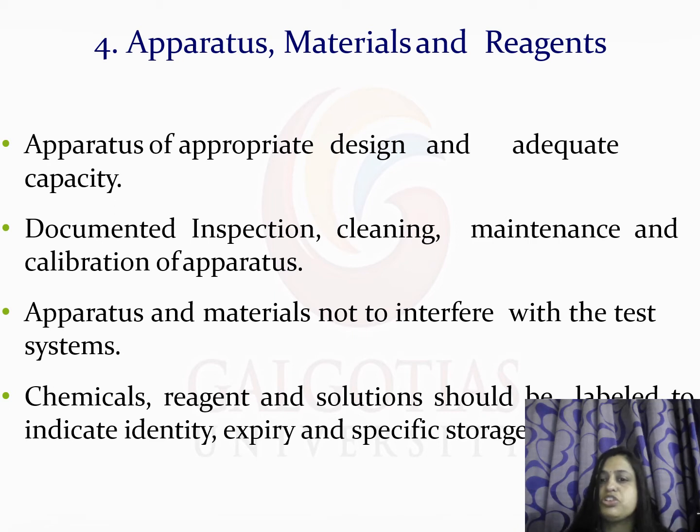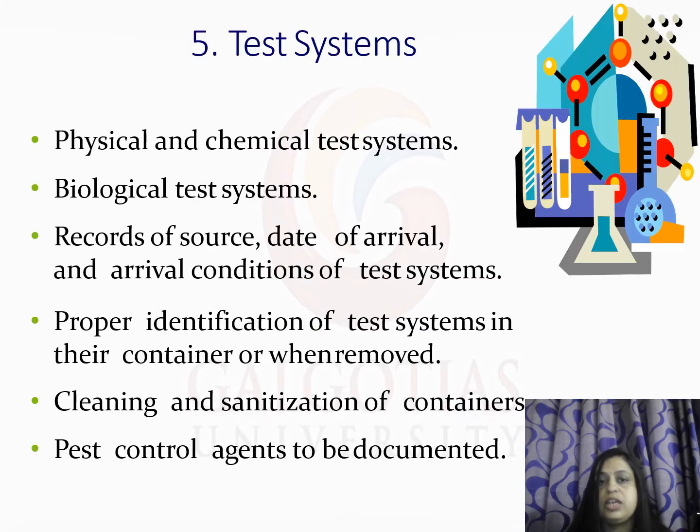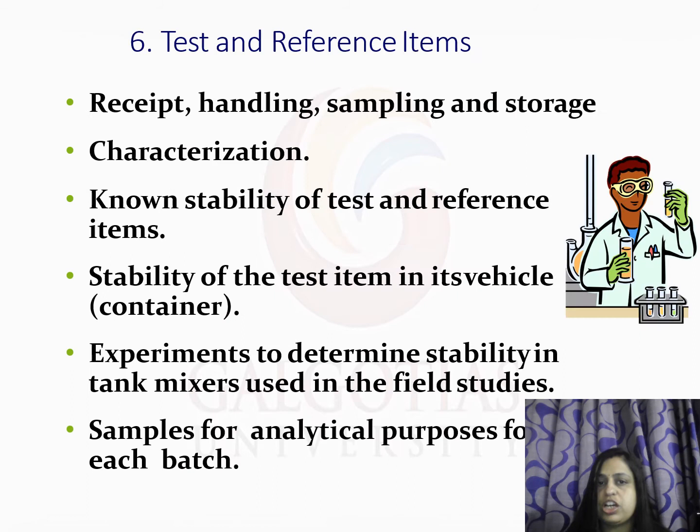Chemicals, reagents and solutions should be labeled to indicate identity, expiry and specified storage conditions. Test systems: physical and chemical test systems, and biological test systems, with record of source, date of arrival and arrival conditions of the test system, proper identification of the test system in its container or when removed, and cleaning and sanitization of containers, with pest control agents documented.